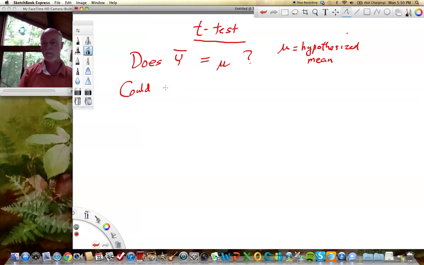Could a sample with mean y bar have been drawn from a parametric population?